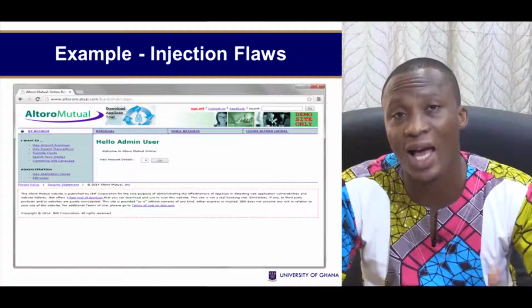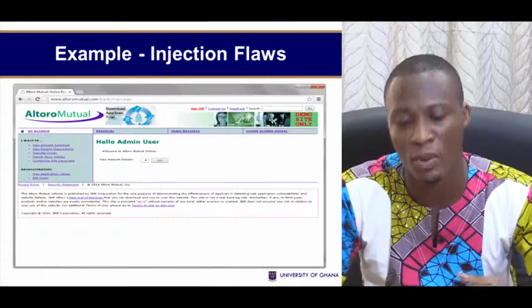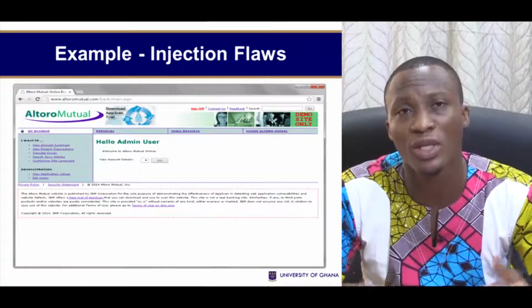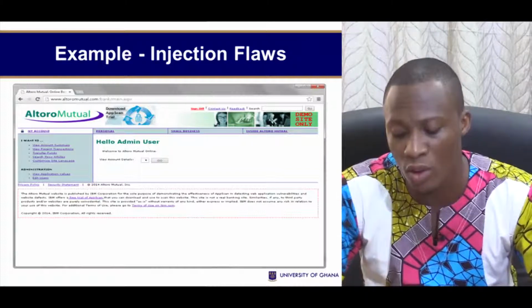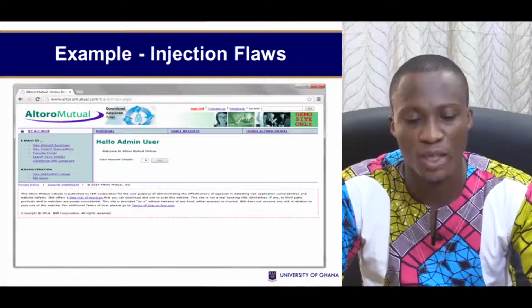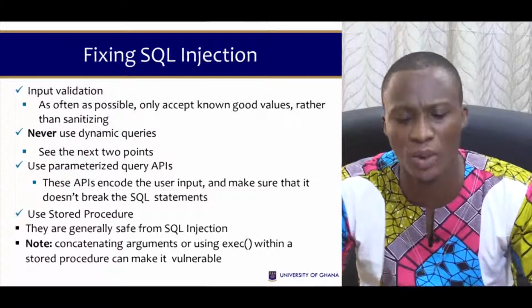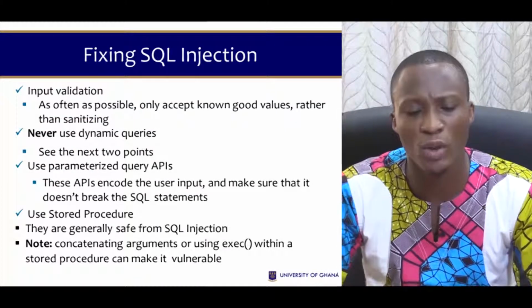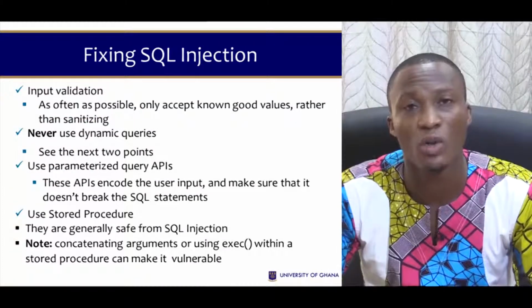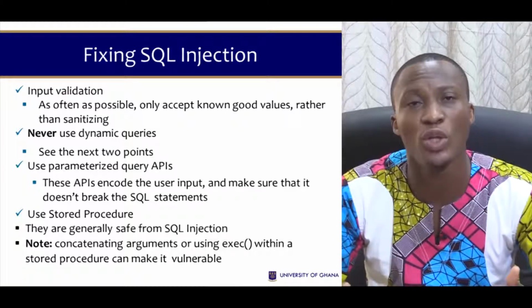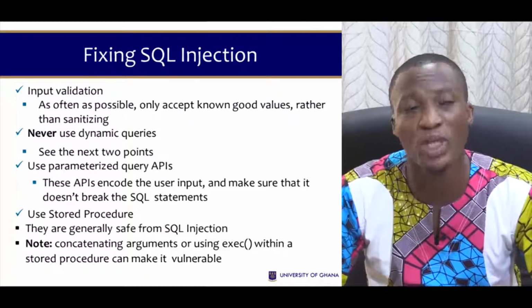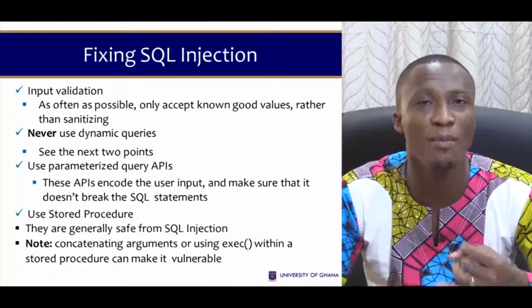Once you go to Sakai, you will have the opportunity to use or experience some of these SQL injection examples. So how do we fix SQL injection? First and foremost, we are talking about input validation. Always at your front end, you need to validate whatever input is going in, so your username and your password.